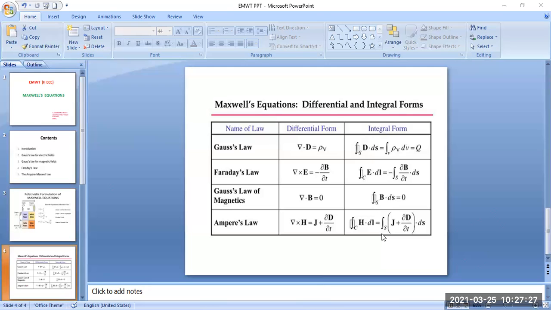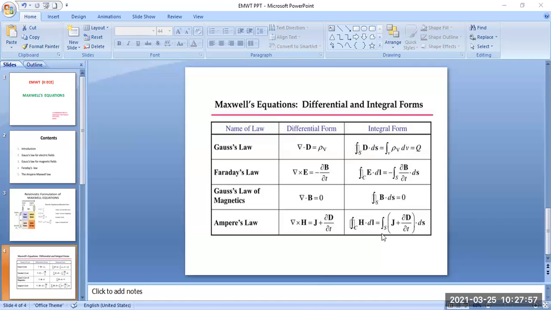Next one, Maxwell's equations for good dielectrics. Good dielectrics means sigma by omega epsilon less than 1, which means sigma is much less than omega epsilon.